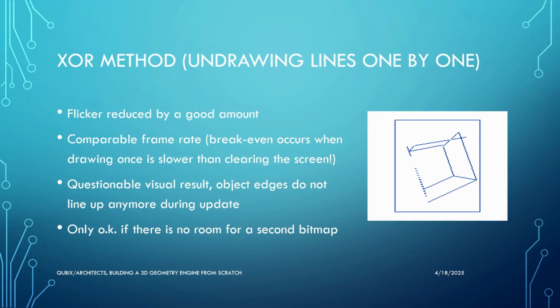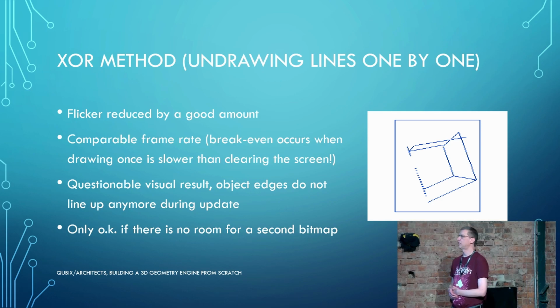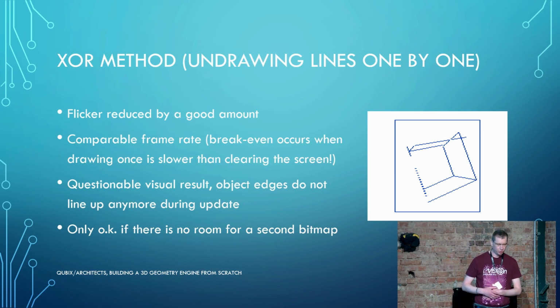And then sometimes you look around and see suggested what kind of methods could be used to improve things. And one of them is the so-called XOR method. You undraw the lines by painting over them. The XOR method inverts lines instead of just setting them.